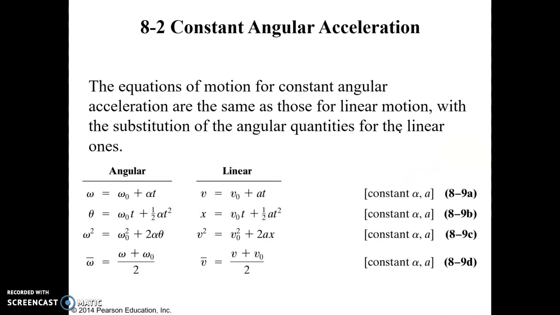Okay, so here again, I've already alluded to this several times throughout this and previous videos, the similarities between angular and linear motion. Essentially, when we're talking angular, omega is the new v, alpha is the new a, and theta is the new x. If you just basically swap out those variables, the structure of these formulas is the same. The same concepts are true for both angular and linear momentum.